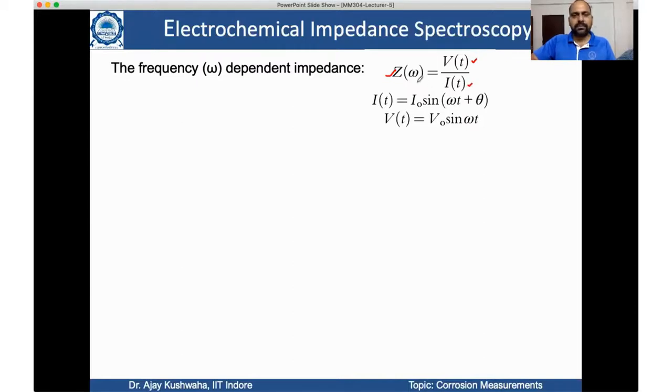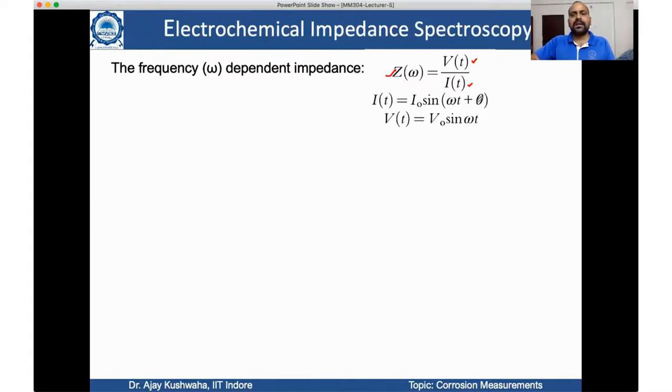So it's frequency dependent, where It can be written as I0, the maximum amplitude of the current, times sine(omega t plus theta). Omega is the frequency of the AC signal, right? t is the time at which we are measuring the total current or the applied current.